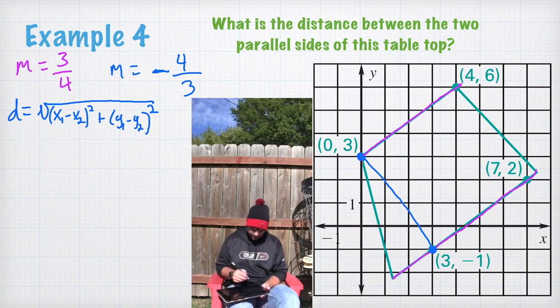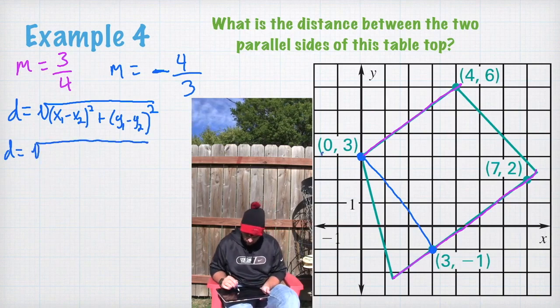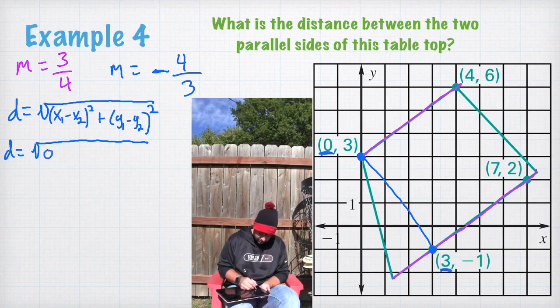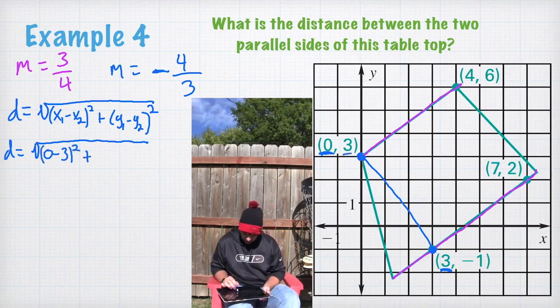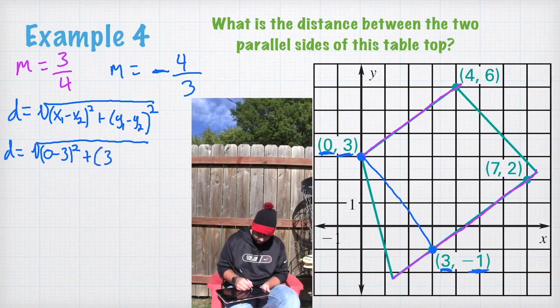So d is going to equal the square root of, let's call it x1 0 and x2 3, (0 minus 3) squared plus y1, y2, (3 minus 1) squared.